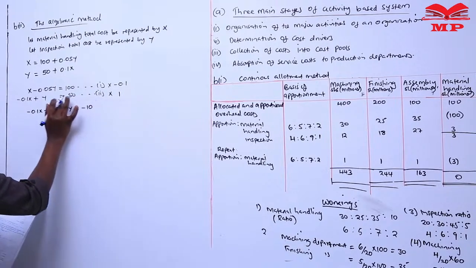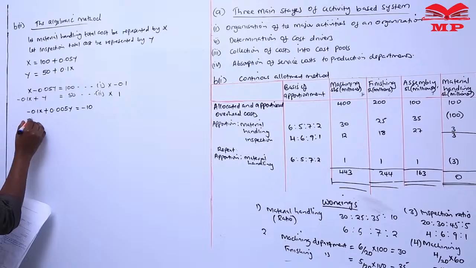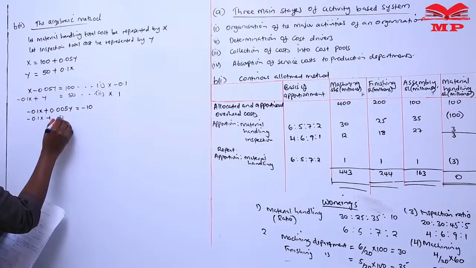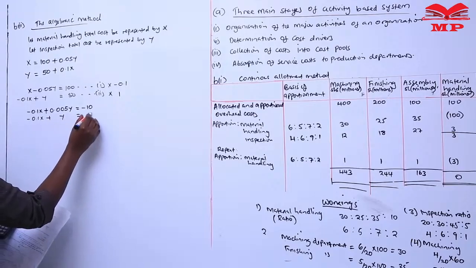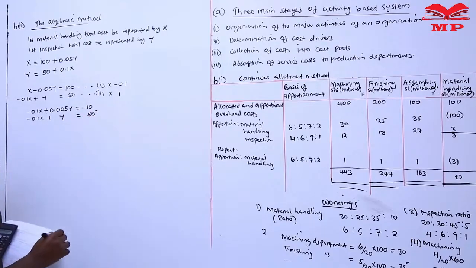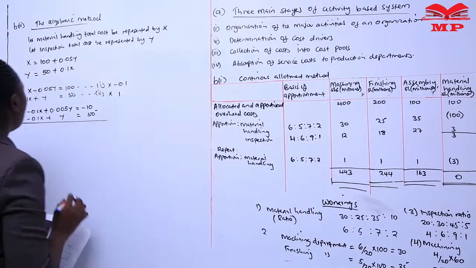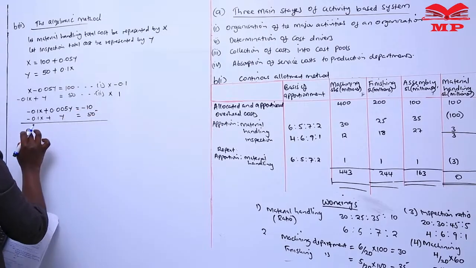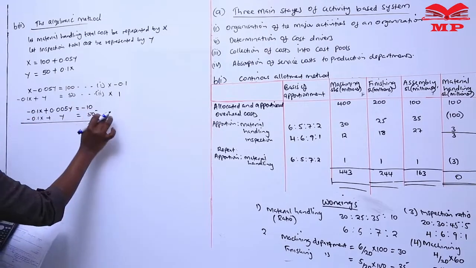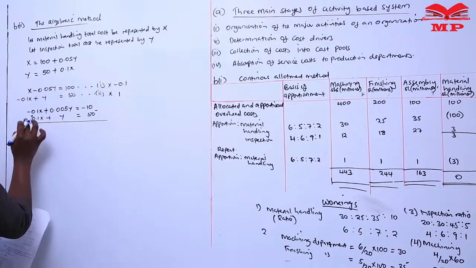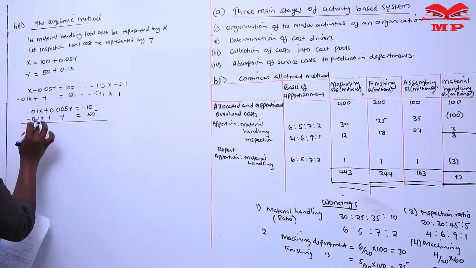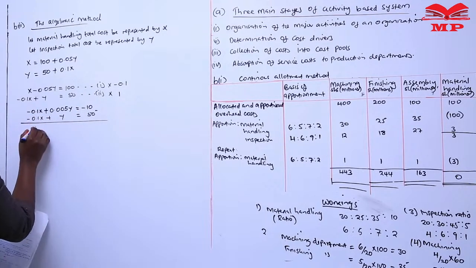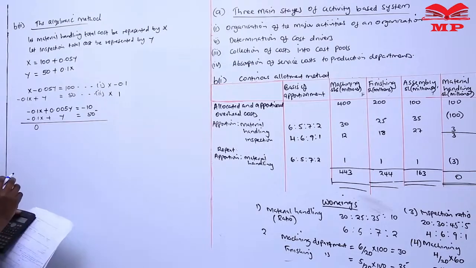We multiply one by the other line, so this will remain negative 0.1x plus y equals 50. And then we subtract. So negative 0.1 minus minus negative 0.1 is the same as negative 0.1 plus 0.1, which will give us 0.